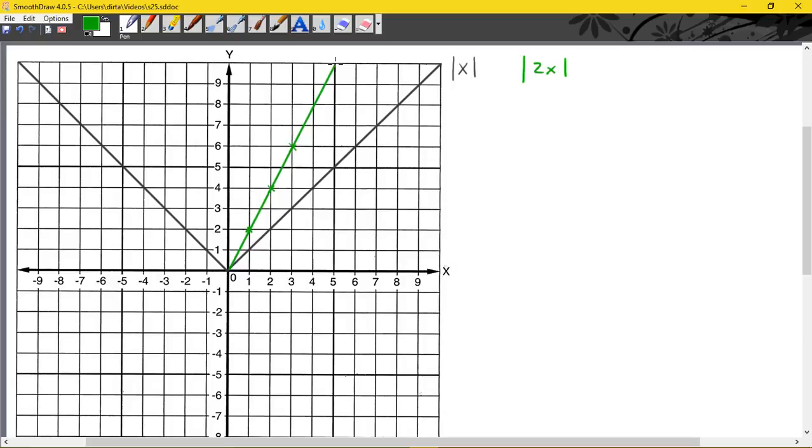It should be right here, right? 5 is 10, yep. And 2, 4, 6, 5 is 10. And in this case, that's correct.